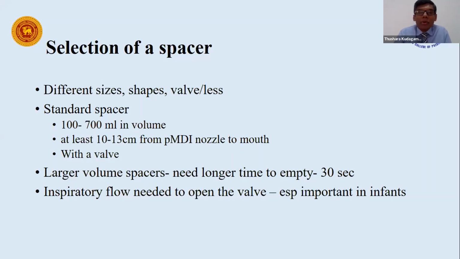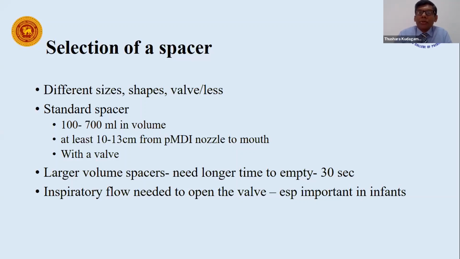Hopefully, we don't have to go back to that era. The standard spacer should have a volume of 100 to 700 ml, and the distance from the nozzle to the mouth should be 10 to 13 centimeters. So these are the standard spacer.